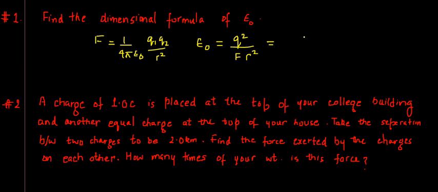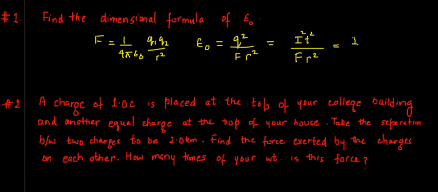So this is charge. Charge is current into time, so we need to square it. This is current square times time square divided by force R square. So if we want to find out the dimensional formula of this quantity, you know that current square, you could write I or A for the unit of current, the general unit of current.